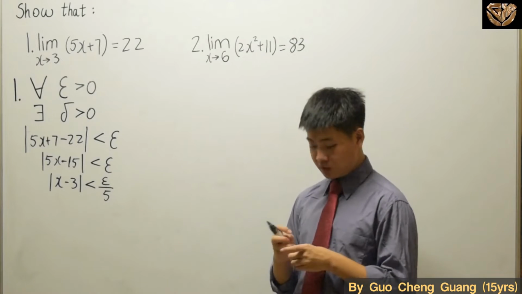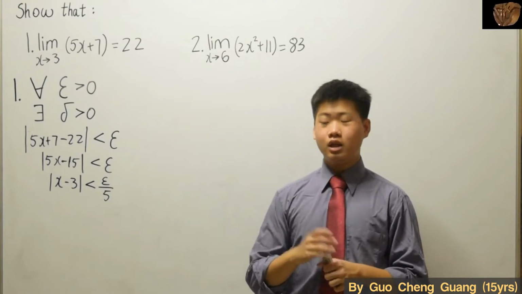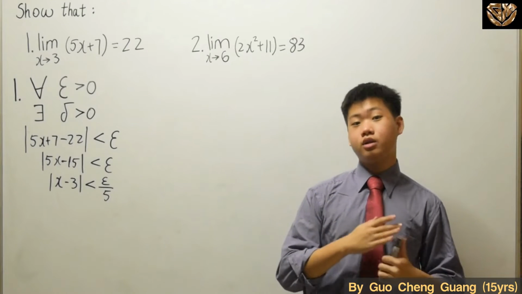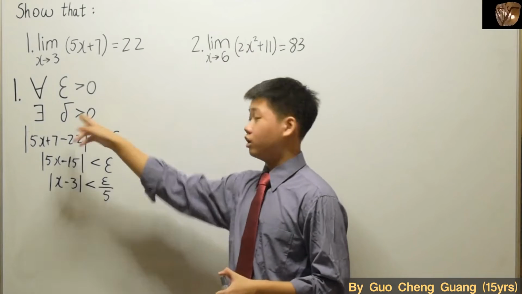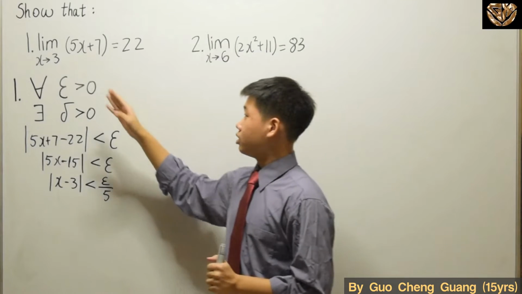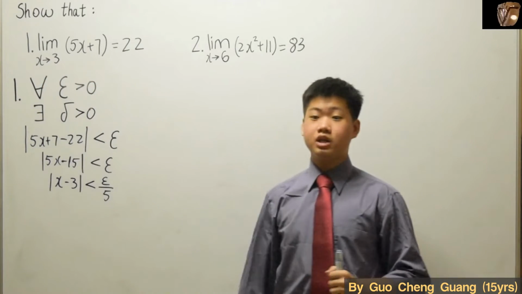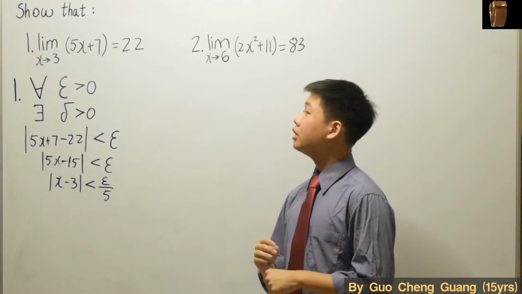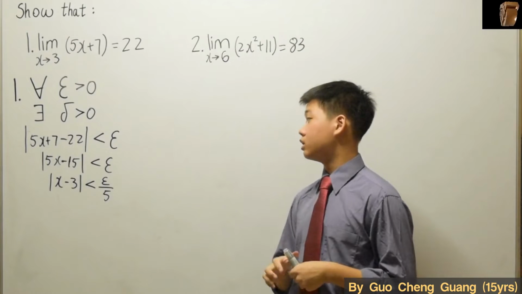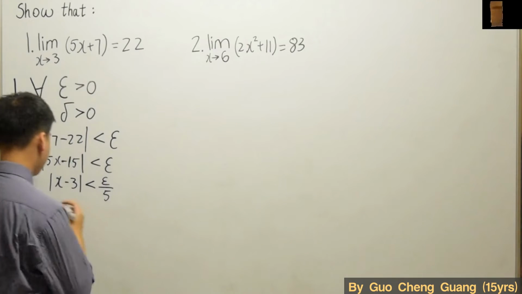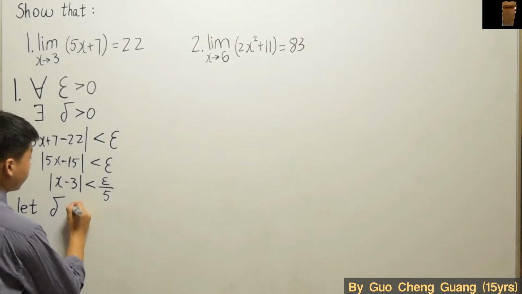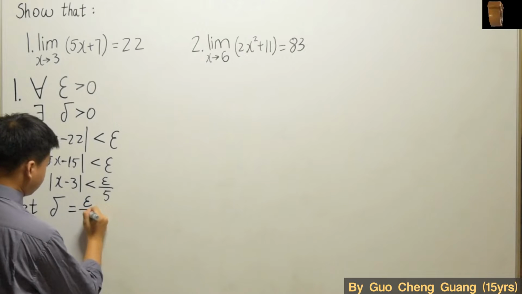But what exactly does this mean? Now let's take a look at the limit as x approaches 3. I did say just now there was another difference, which you call delta. Your delta is the difference between whatever x value you take and the x value it approaches, which is 3. So that means your delta would be the modulus of x minus 3. But here you would have to write it as, let delta be equal to epsilon over 5.